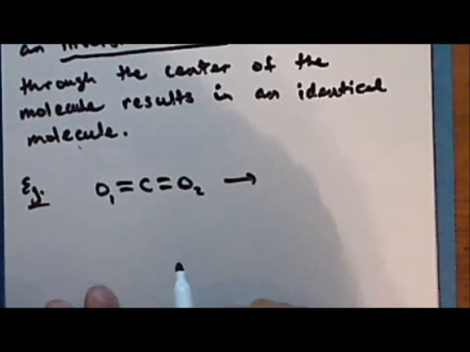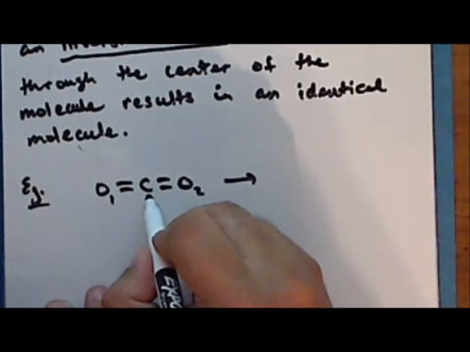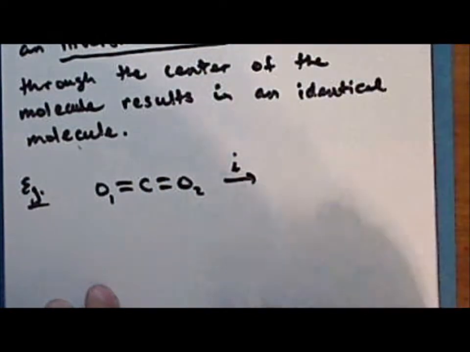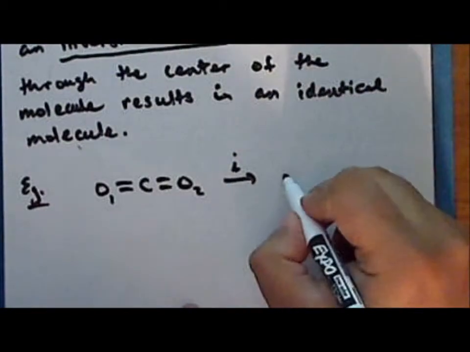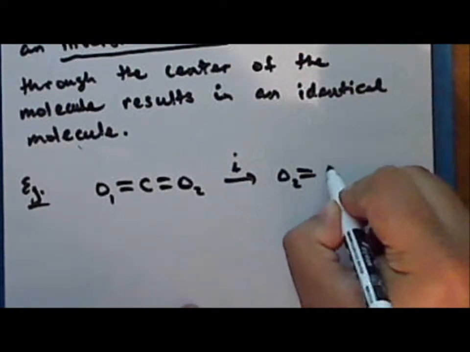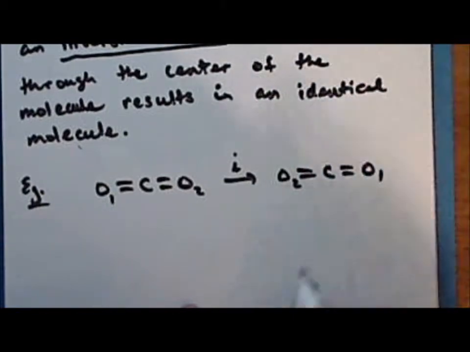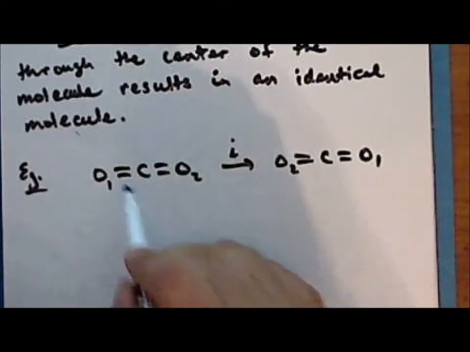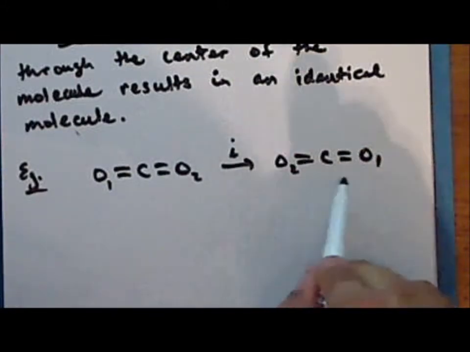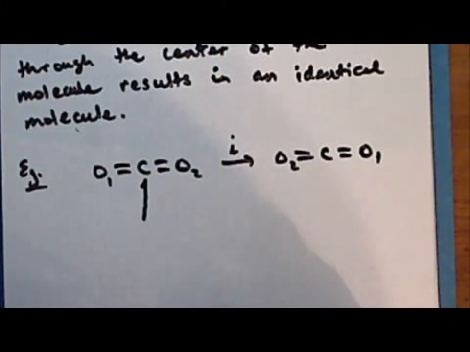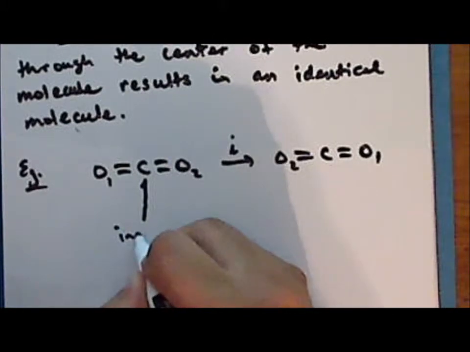The center of the molecule is the center of the carbon atom, and I'll indicate inversion by a lowercase letter I. Then when we invert this molecule, the oxygens have traded places, the pi bonds have traded places, but we still have an identical molecule. And so the center of the carbon atom in the carbon dioxide molecule is an inversion center.